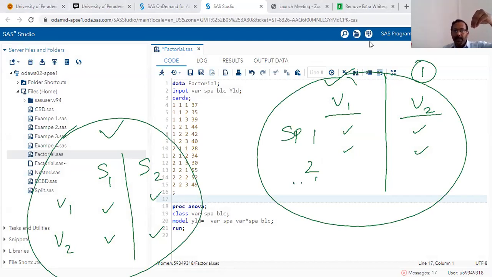Which spacing gives a high yield? For variety 2, which spacing gives the high yield? So likewise, I can explain the first one. The second one is another way of explaining the same results. For a given spacing, S1 spacing, which variety is performing well? For S2 spacing, which variety is performing well?